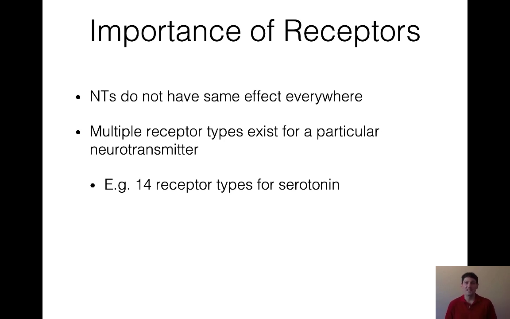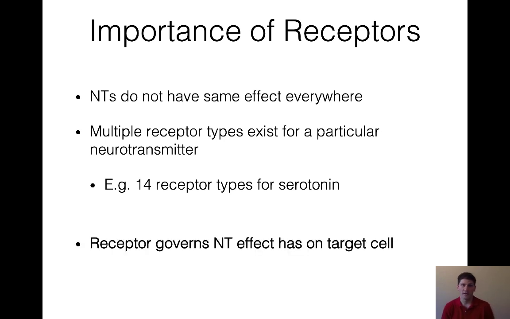Again, it's dependent on which neurons are firing and which pathways they're firing along. You might not have serotonin being released all over your body. It's more localized to a certain region, and that's going to have different effects in our bodies. Now the receptor governs that neurotransmitter effect on that target cell.